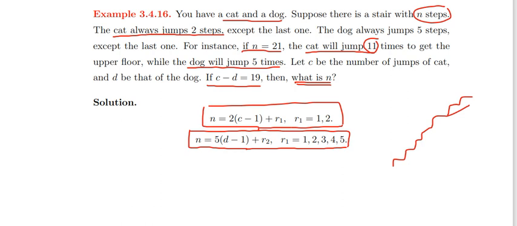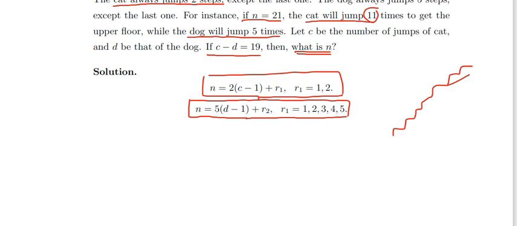We want to find n. The relationship is that C equals D plus 19, so we just replace C by D plus 19.